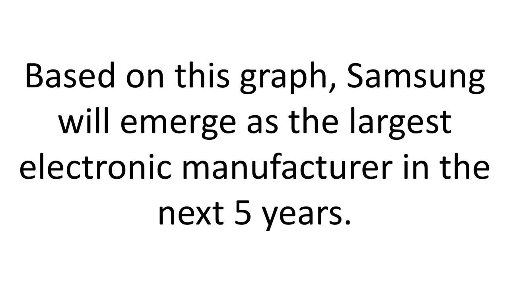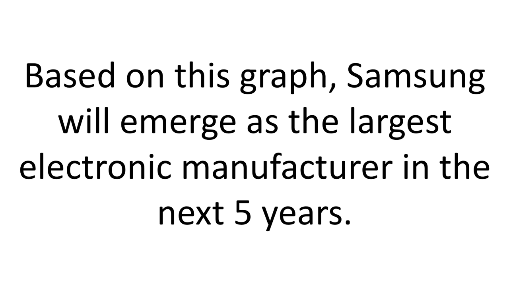For example, if there was a graph comparing electronics manufacturers such as Samsung and some other companies, and the graph shows that the market share of Samsung has been increasing.